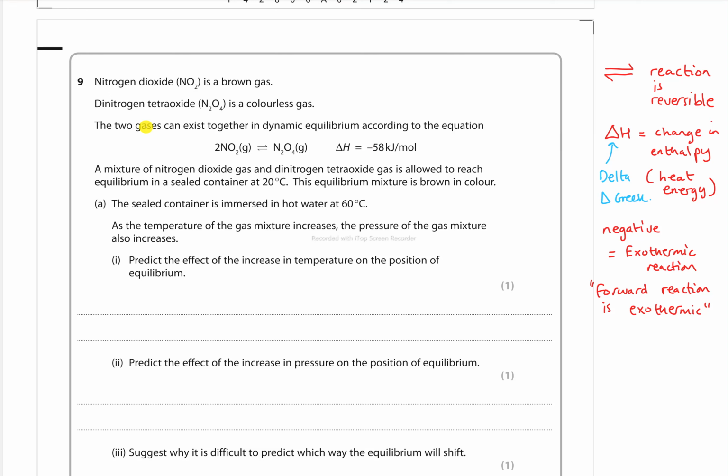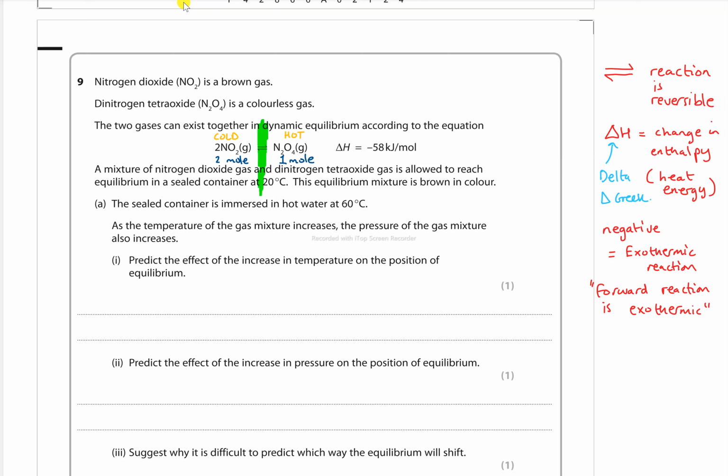What we're going to do is split this as usual. We look on the left hand side: it's exothermic, so this side is hot and this side is cold or cool. We've also got 2 moles, or molecules or particles, here and 1 here.